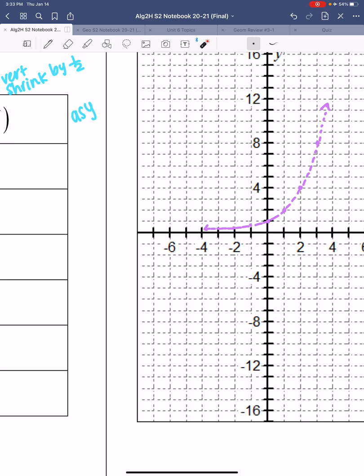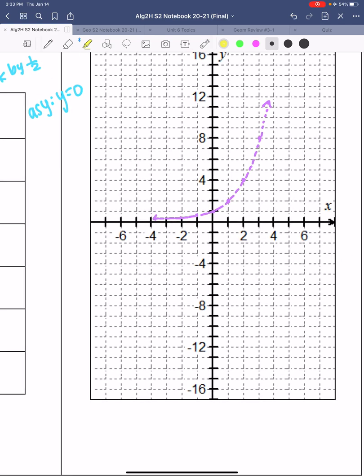Since this one did not move up or down, the only thing that's going to change it is if it shifts up or shifts down. The whole graph will push up or push down. That's when our horizontal asymptote will change. So since this has no up or down movement, my asymptote is still at y equals 0. In my class, I like the asymptotes to be highlighted.